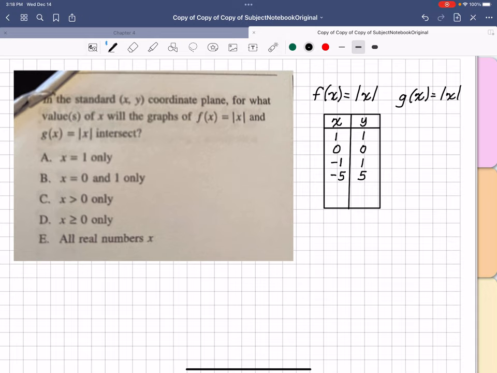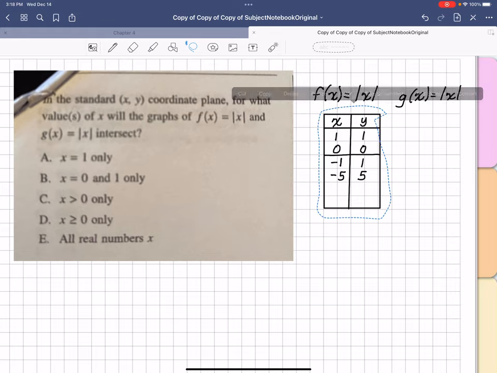So we could not say that x equals y. That is not the case here. It is the case as long as the values are positive or 0, but it's not the case for all real numbers. Then I have the same situation here.